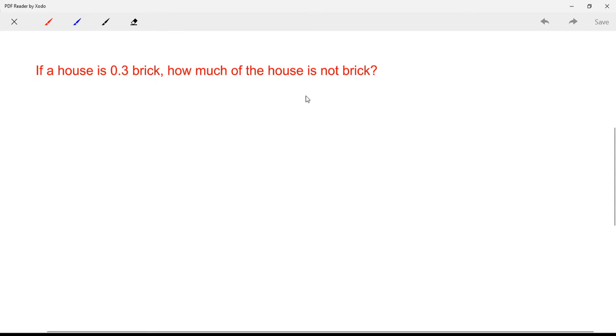basically the way to do this is you have to think of the house as a whole. So the house is actually 1. Okay? And then if 3/10 of it is brick, then that means you're just doing 1 minus, and remember, we have to line up the decimals, right?